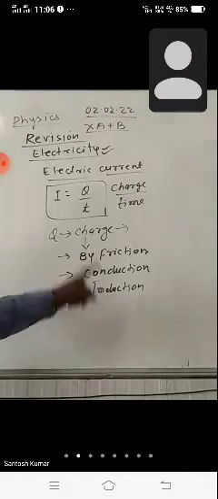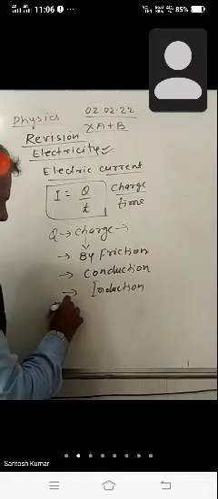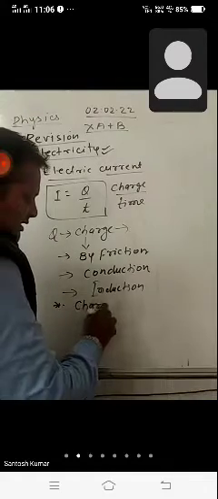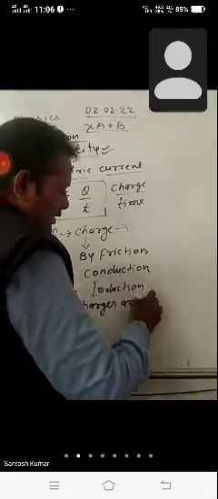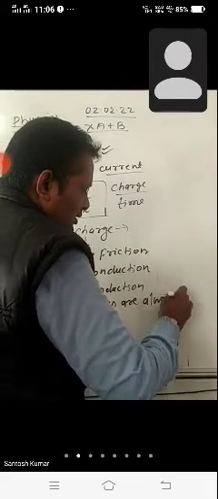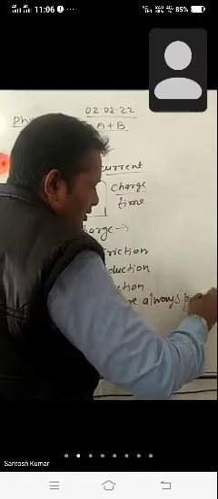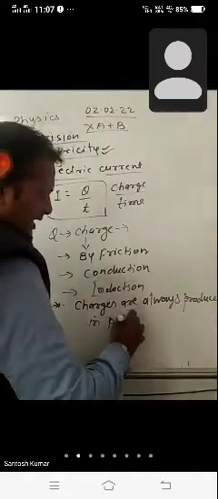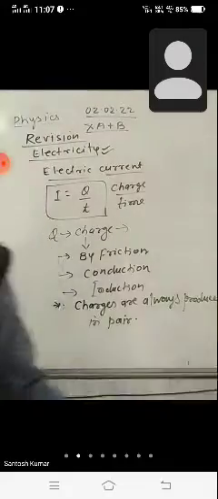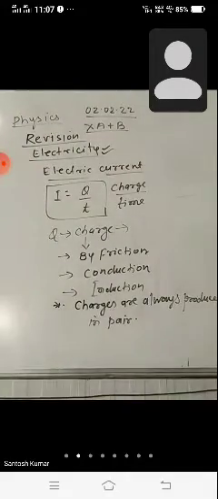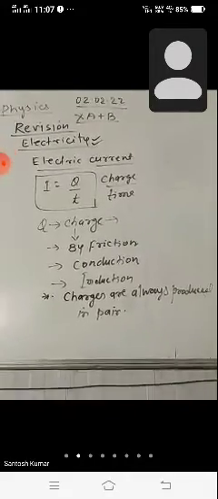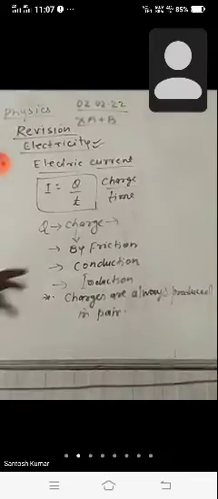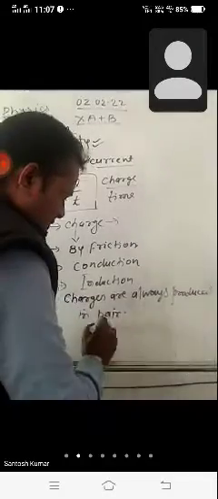So about the charge, you have the words that charges are always produced in pair. It means whenever charge will be produced, it will always be in pair.